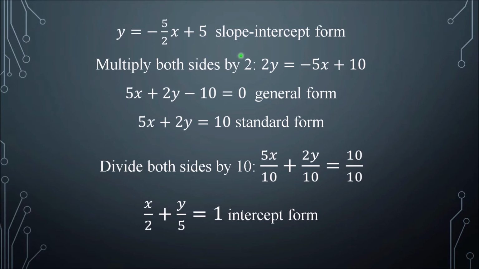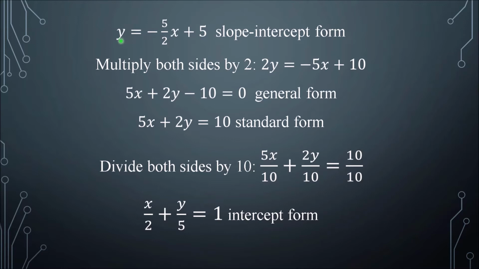So from slope-intercept form, y is equal to -5 halves x plus 5, we need to change this to general form. How are we going to do that? First, we need to multiply both sides by 2, because the denominator here is 2.